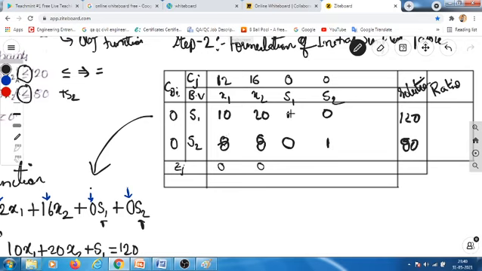Next, 0 into 1 plus 0 into 0, again 0. 0 into 0 plus 0 into 1, we have 0. Here also 0 into 120 plus 0 into 80, the value is also 0.